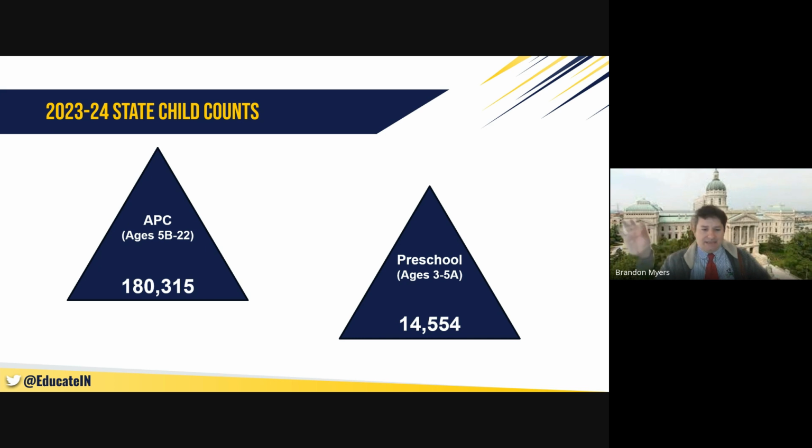That is at the APC school age level. And at the preschool level, we have 14,554, those children who had not yet reached kindergarten eligibility. We call it 5A because they're 5 on December 1st, but it depends whether they reach kindergarten eligibility as to which of these counts they're in, 5A or 5B.